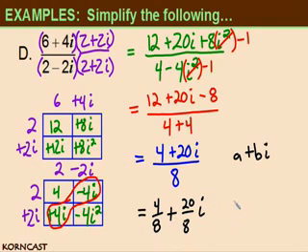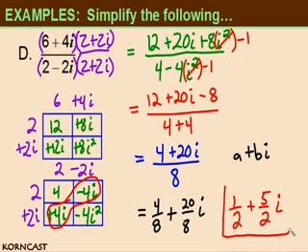So 4/8 reduces to 1/2 plus 20/8 reduces to 5/2 times i. So 1/2 plus 5/2 i is our final simplification of this expression. Again, it's in complex number form because our real part is 1/2 and our imaginary part is 5/2 i.